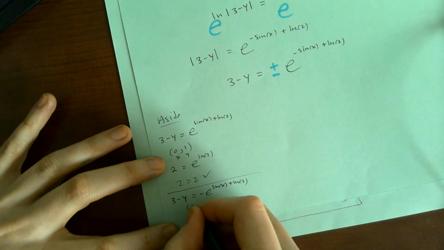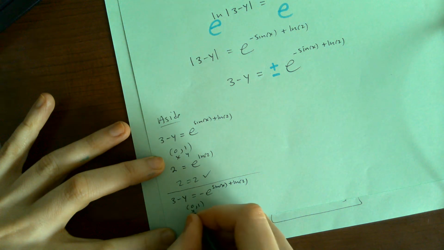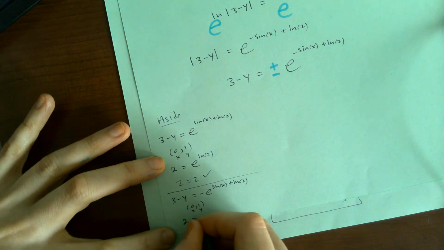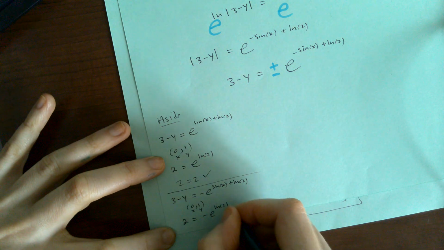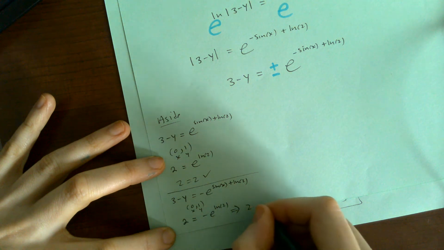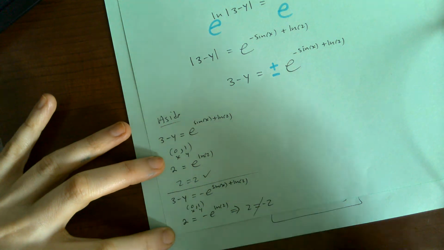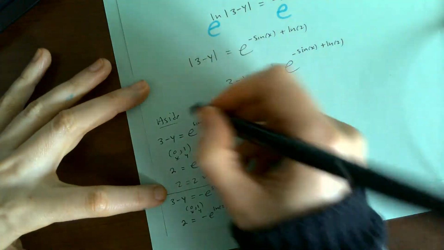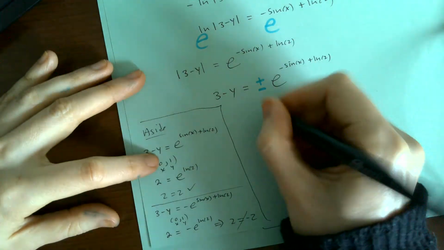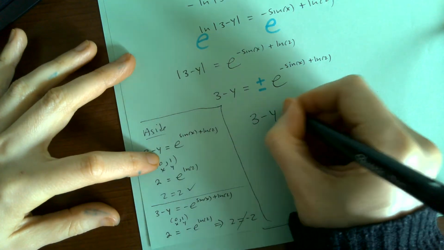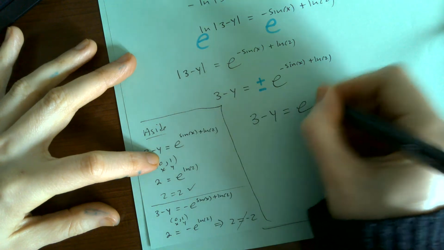If I plug in 0, 1 for x and y, I get 2 equals negative e to the natural log of 2. Then I get 2 equals negative 2, which is not the case. All right, so I know that 3 minus y equals the positive one.